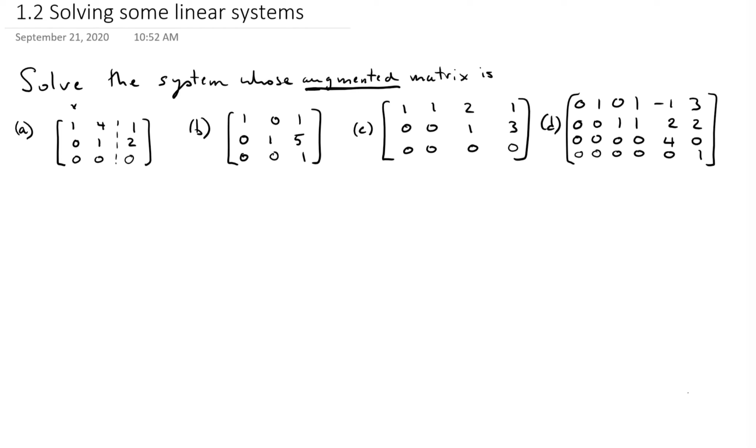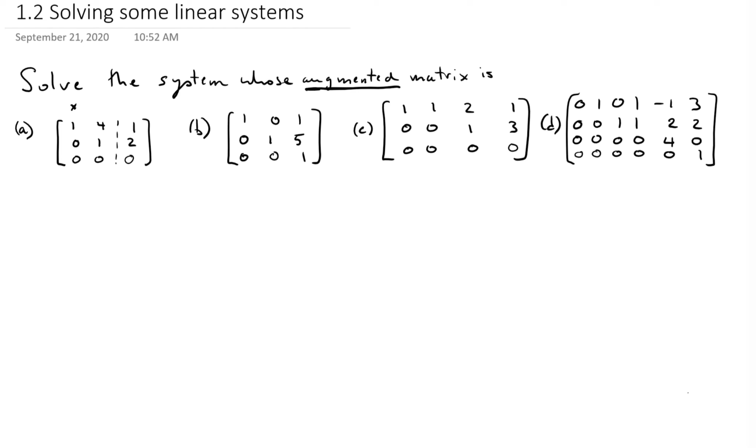So maybe we could think that our variables are x, y, because in an augmented matrix, the last column will correspond to your constants, and the other columns will be coefficients related to your variables.